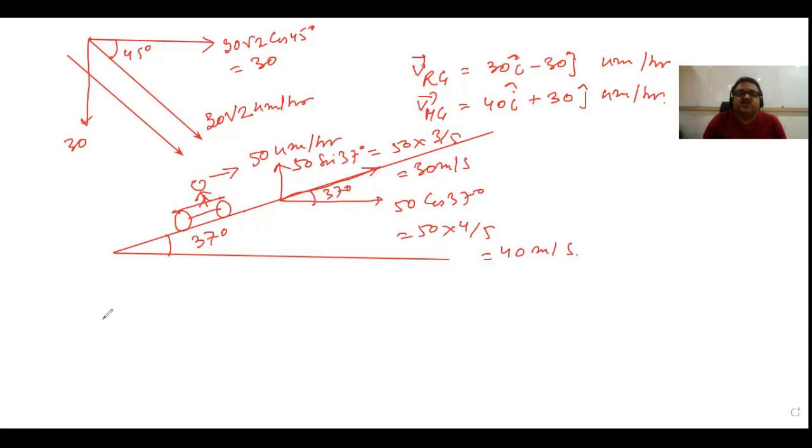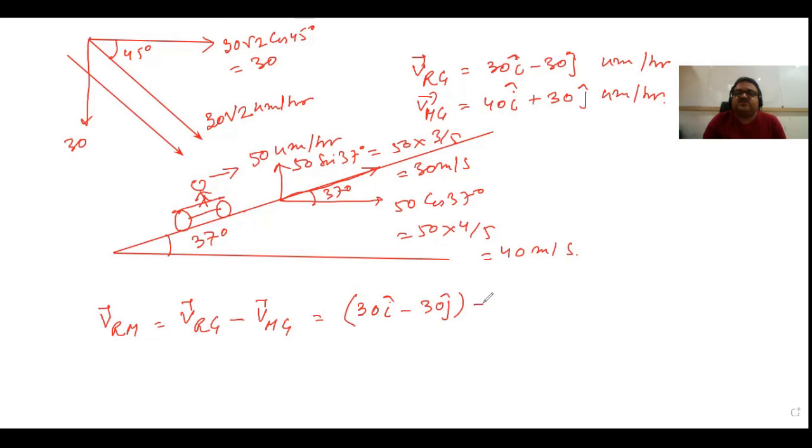So what is the velocity of the rain with respect to the man? That is the velocity of the rain with respect to the ground minus the velocity of the man with respect to the ground. The velocity of the rain with respect to the ground is given as 30 i cap minus 30 j cap.